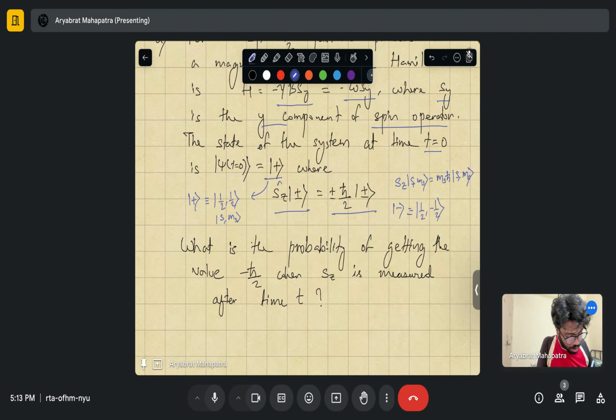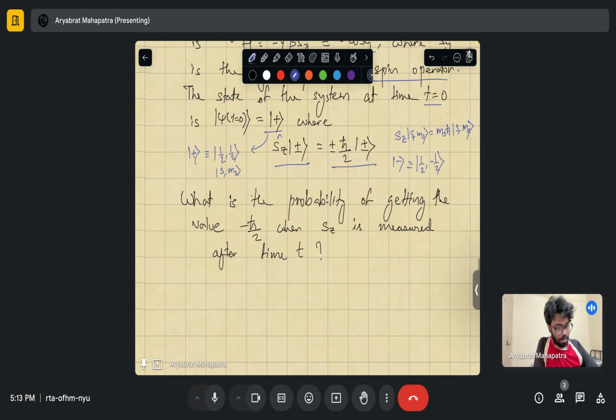So when S_z acts on plus half, you get plus h bar by 2 times plus half, and when S_z acts on half, minus half, then you get minus h bar by 2 times half, minus half.